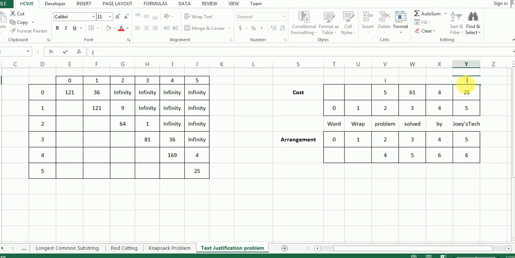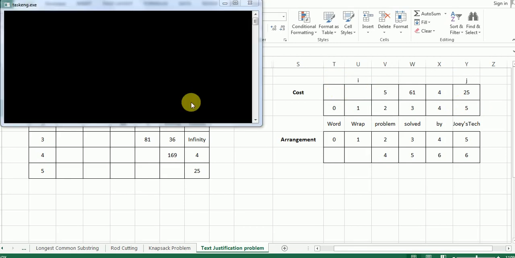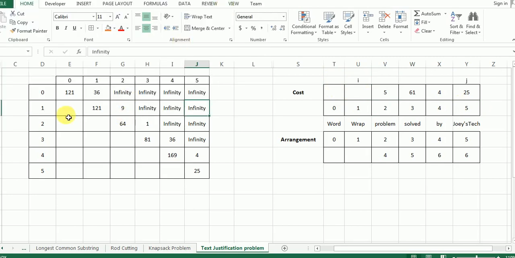So J goes back to its base position. I moves one cell left. Okay, so now we have 1 to 5. Let's see what is the value at 1 to 5. It's infinity, so the split is not possible because the value at 1 to 4 is also infinity.